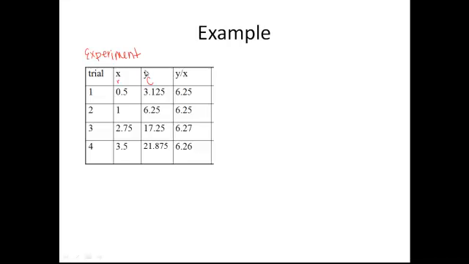Alright, so let's look at an example here of a direct relationship or a direct variation. Let's keep in mind that circle example, and let's look at two variables x and y. In our experiment, we're going to look at 4 different circles. We're going to let x stand for radius and y stand for circumference.